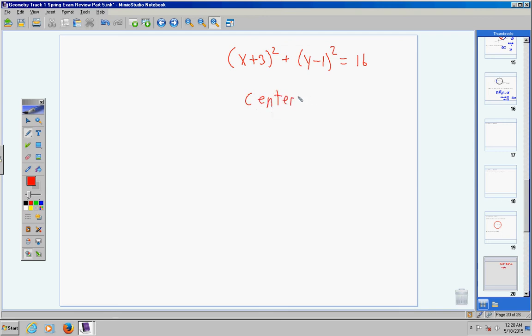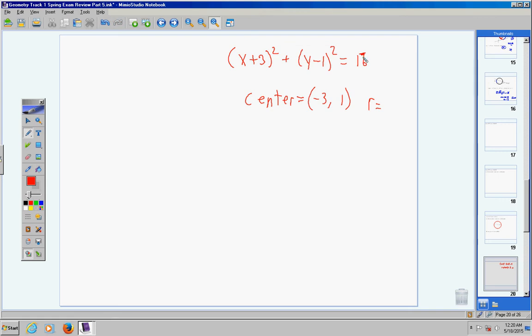Copy this down, please. The center of the circle would be, change the sign of 3, change the sign of -1: -3, 1. Now the radius is going to be, please don't say 16. The radius is 4. Because I told you guys, the radius is always squared.